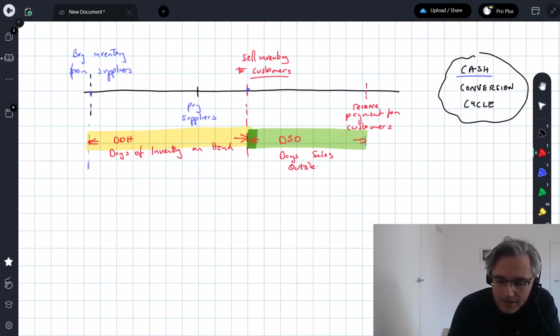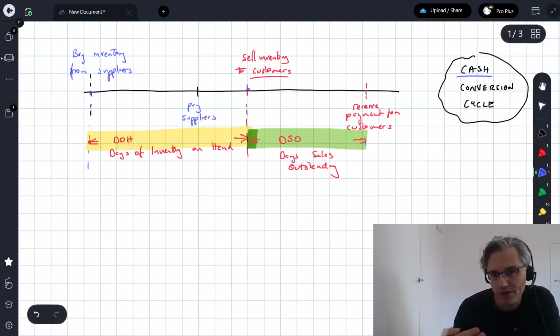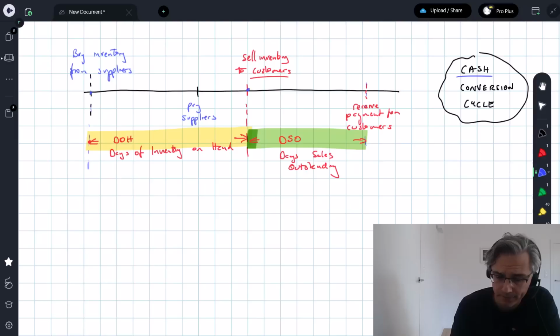Now, in this section of the curriculum, you're not required to compute the actual number of days. You're just supposed to appreciate this is a period over which the company is waiting for payment from a client.